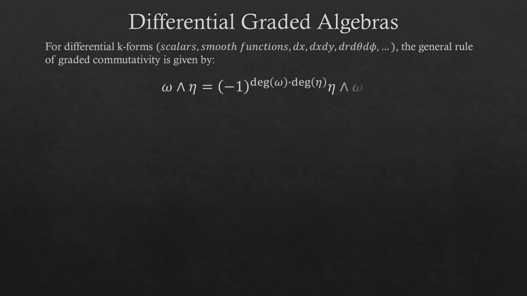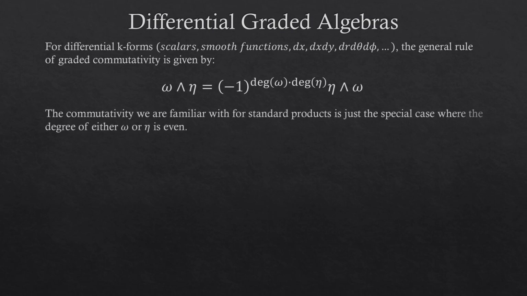So for differential k-forms, omega and eta, their wedge product is given by -1 to the power of the multiplication of their degrees times eta wedge omega. And so the commutativity we are familiar with, where a times b equals b times a, for standard products is just a special case of this situation where the degree of either omega or eta is even.